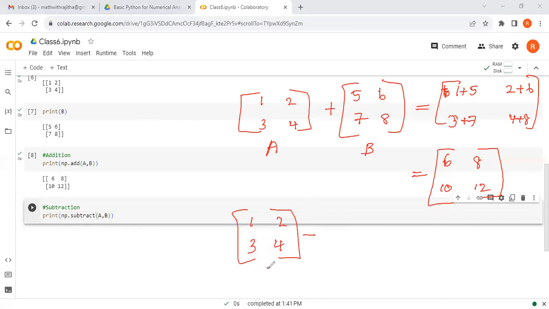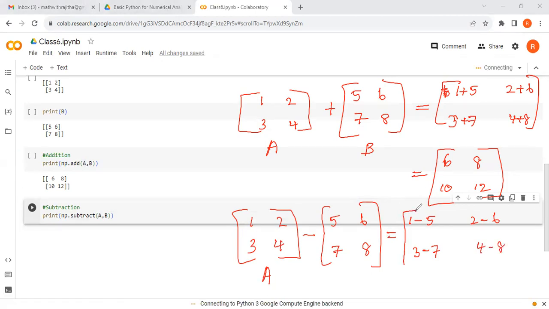We are subtracting B, 5, 6, 7, 8, from A. Subtract corresponding entries: 1 minus 5, 2 minus 6, 3 minus 7, 4 minus 8. 1 minus 5 is minus 4, 2 minus 6 is minus 4, 3 minus 7 is minus 4, 4 minus 8 is minus 4. Interesting.